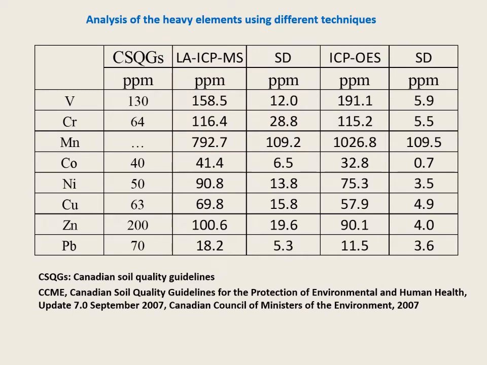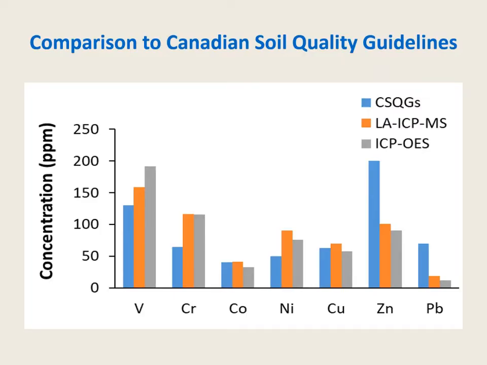This table shows the concentrations in parts per million of heavy metals in soil samples by using laser ablation ICP-MS and ICP-OES, with standard deviations, and compares them with Canadian soil quality guidelines. This figure shows the concentrations in parts per million of heavy metals in soil samples by using the two techniques, laser ablation ICP-MS and ICP-OES, in comparison to Canadian soil quality guidelines.